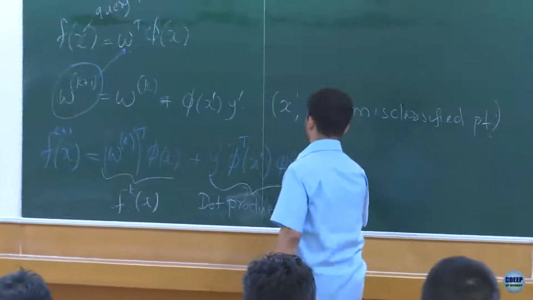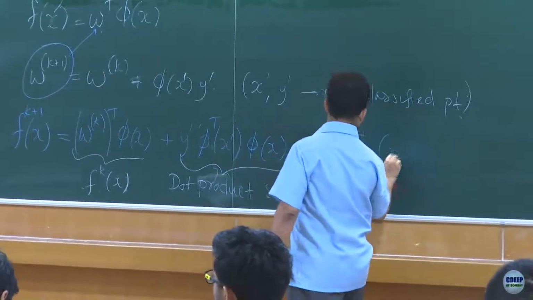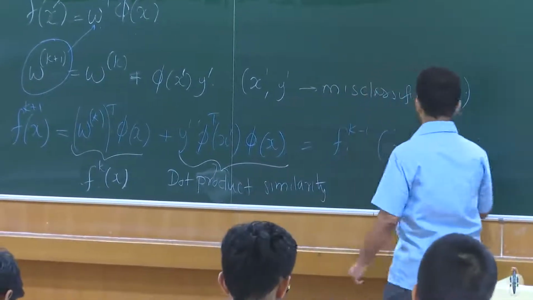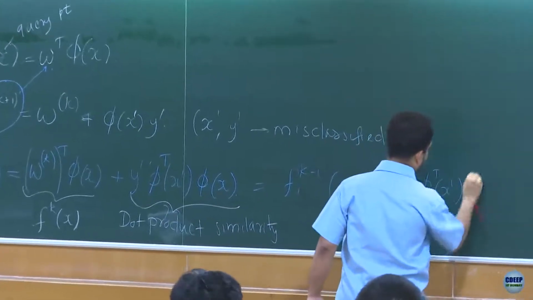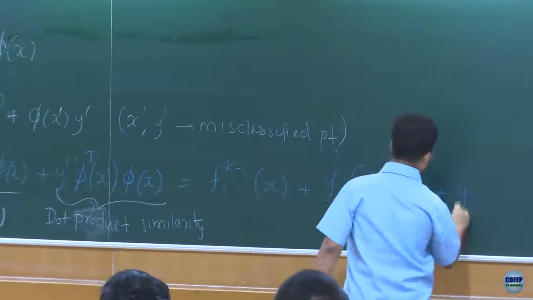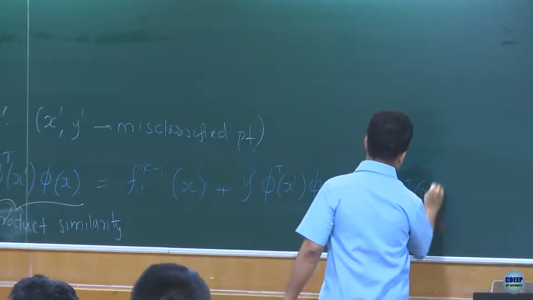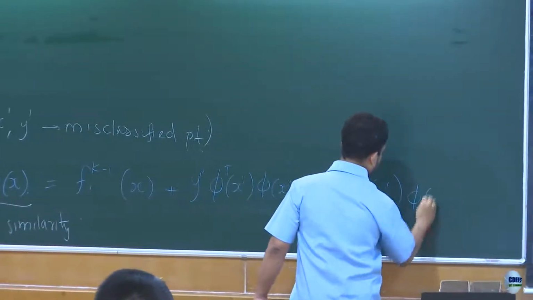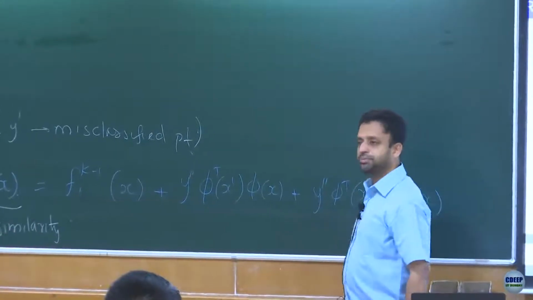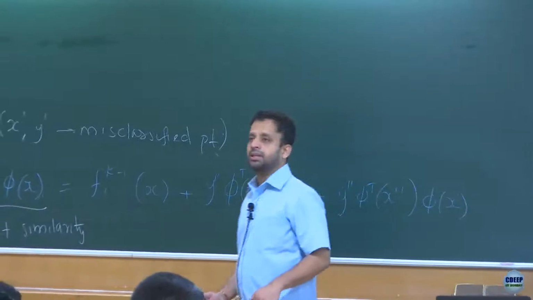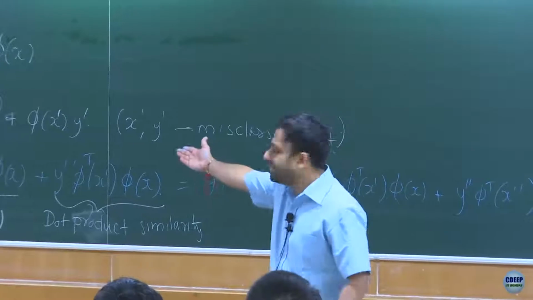Okay, so it will be again some f_{k-1}(x) plus y times phi(x prime) dot product with phi(x) plus y double prime, maybe some other point before that, dot product of phi at that point with phi(x). Right? Do you see this happening? As I keep applying this, what is really the form of f_{k+1}?